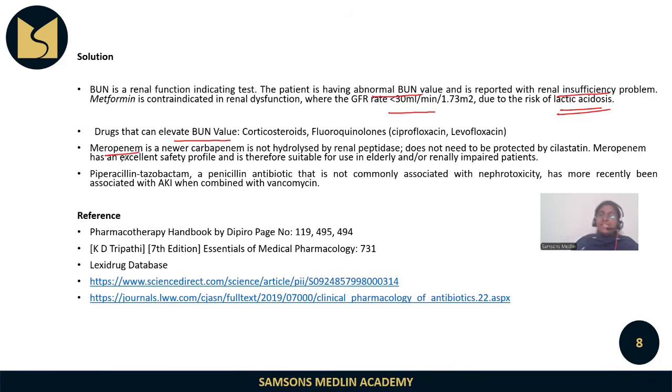Okay. So in the case of imipenem, we have studied that it is a nephrotoxic drug. But when we combine it with cilastatin, we can protect the drug from causing nephrotoxicity. But in the case of meropenem, it has an excellent safety profile and it can be used in the elderly as well as renally impaired patients because it is not causing any sort of nephrotoxic reactions.